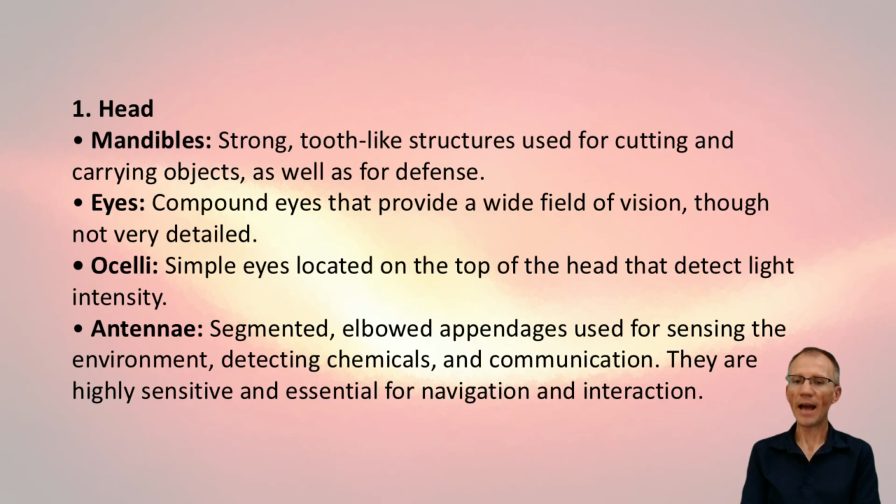Ocelli, simple eyes located on top of the head that detect light intensity. Their antenna is segmented, elbowed appendages used for sensing the environment, detecting chemicals, and communication. They are highly sensitive and essential for navigation and interaction.